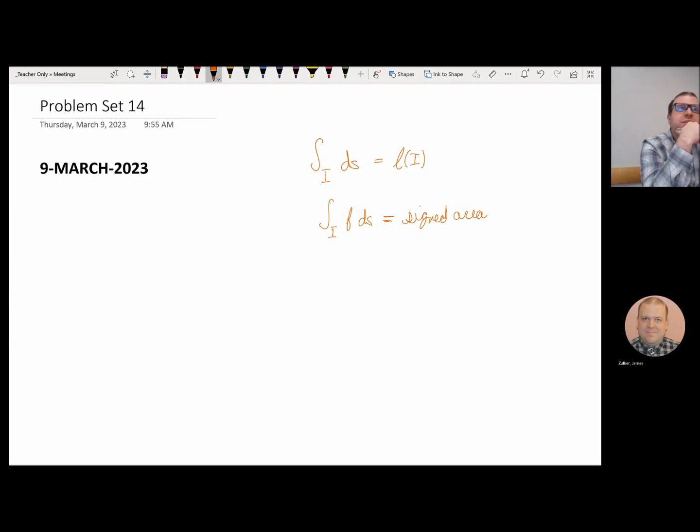It gives you positive if the region is above the x-axis, gives you negative if the region is below the x-axis. Right, and then if you happen to have equal areas above and below, the entire integral would be 0 because the signed areas cancel each other out. If you wanted specifically just area, you'd have to do the absolute value of f.